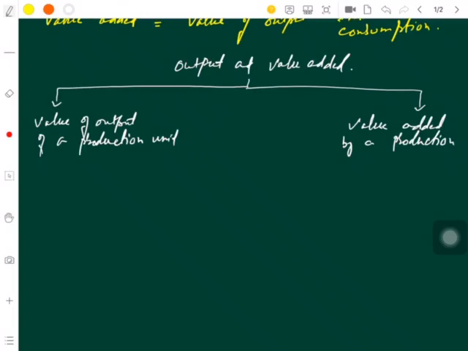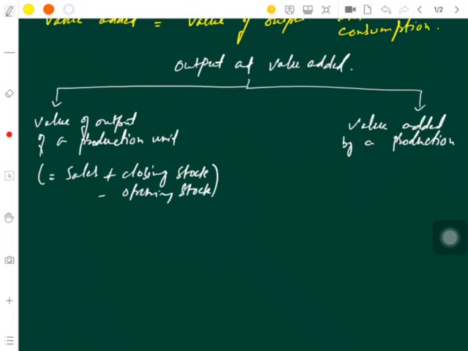So this value of output of a production unit is equal to sales plus closing stock minus opening stock. And this closing stock minus opening stock is basically the change in stock that we are talking about.